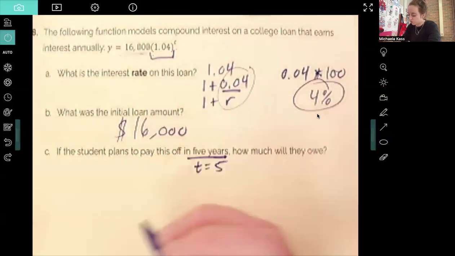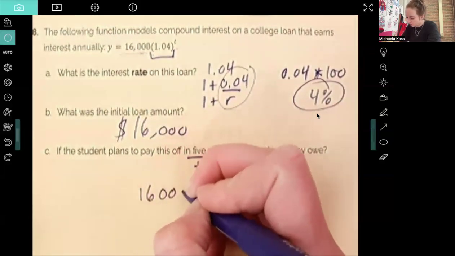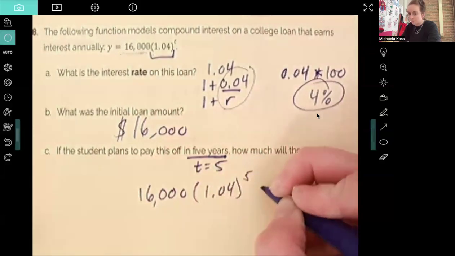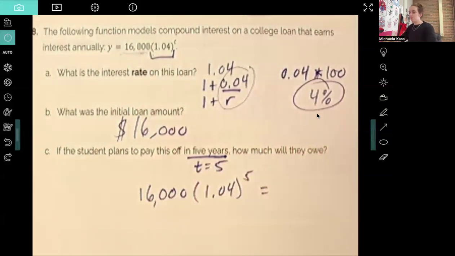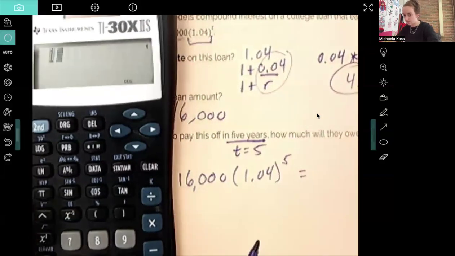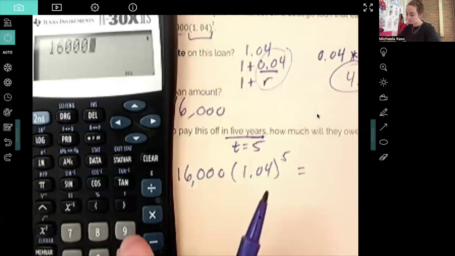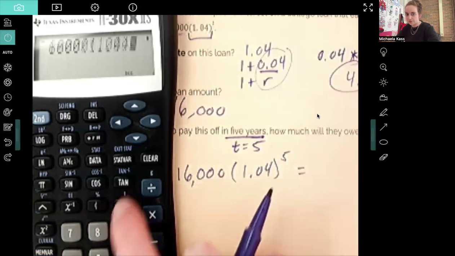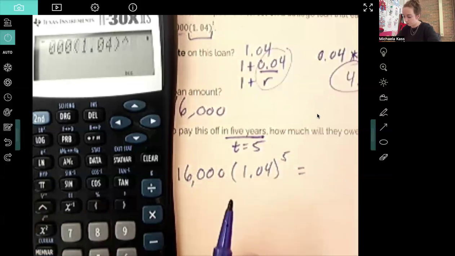So I have an equation. I am just going to replace T with the number 5. Grab my calculator and type in my numbers. So 16,000, parenthesis, 1.04, parenthesis to the power of 5.